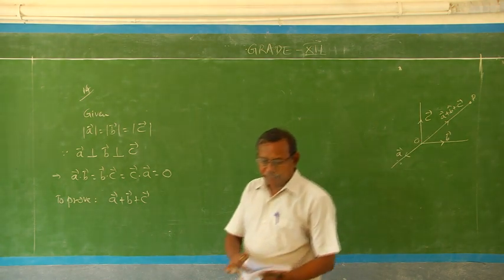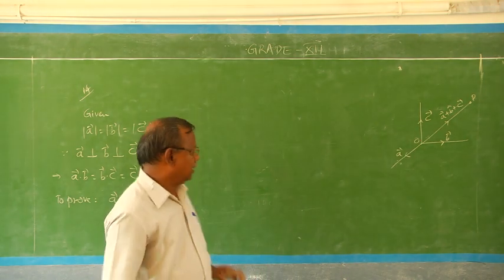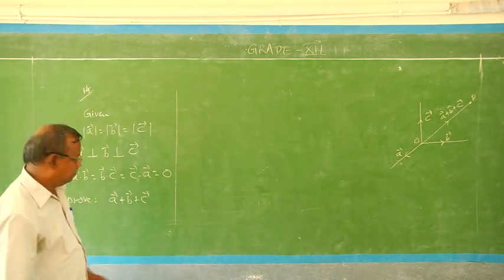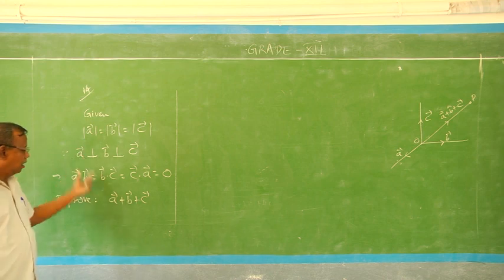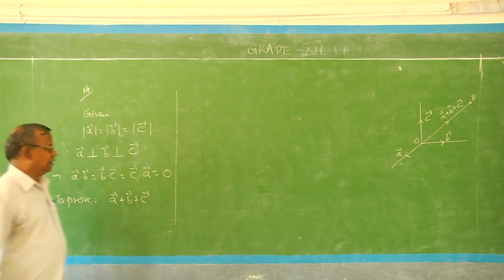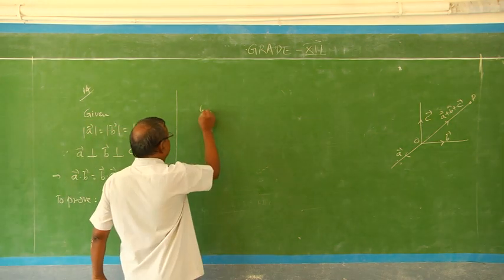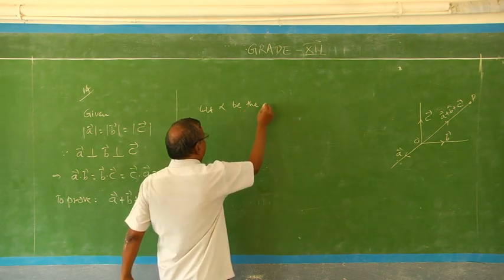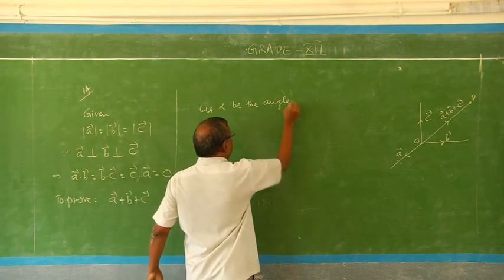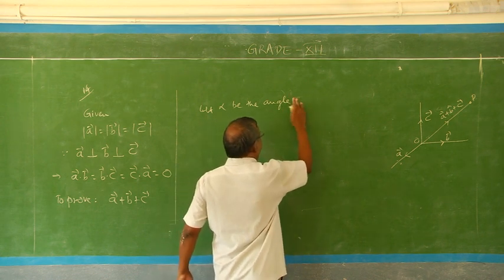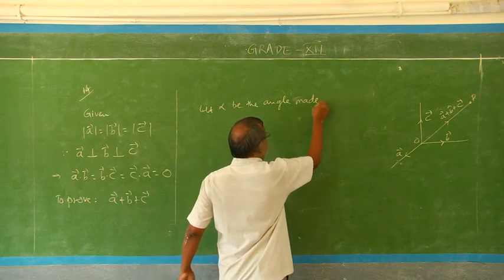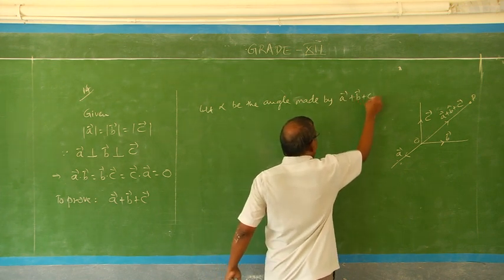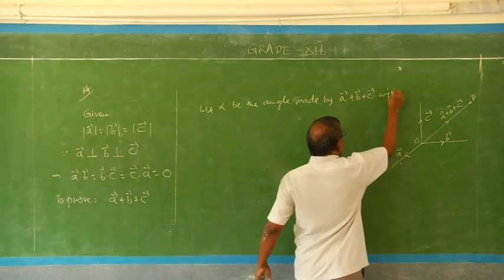So for the inclination we need the angle. Now take the dot product between a and a + b + c. Let alpha be the angle made by a + b + c with a.